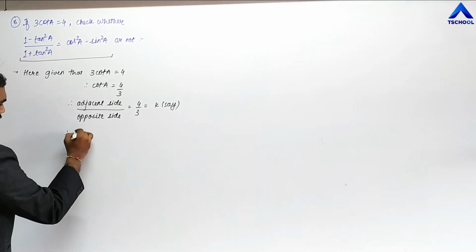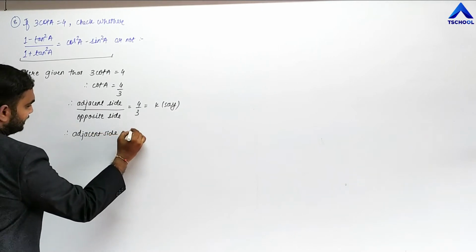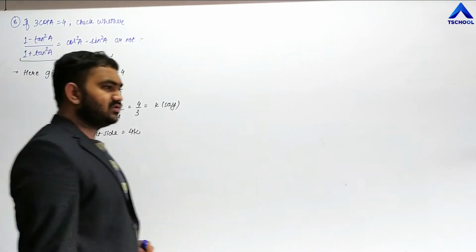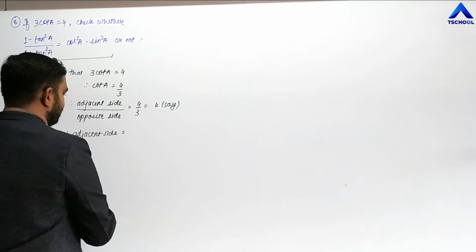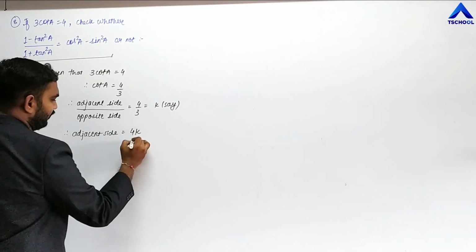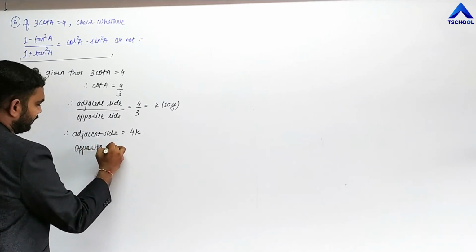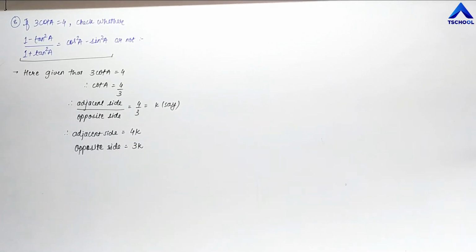Therefore, you can say that adjacent side is equals to 4K and opposite side is equals to 3K. So if I put this adjacent side and opposite side on the triangle, then how will this be?